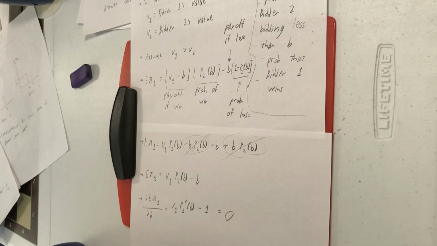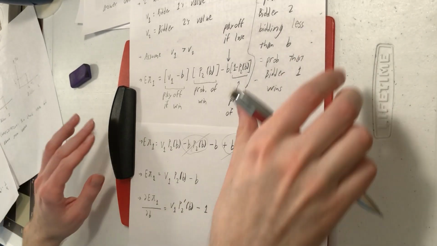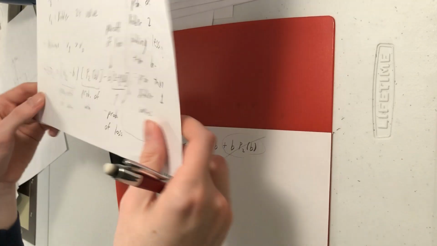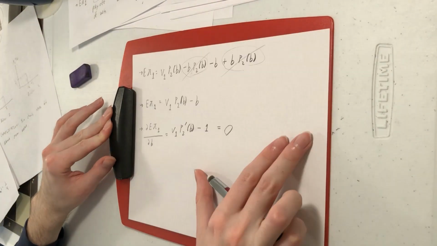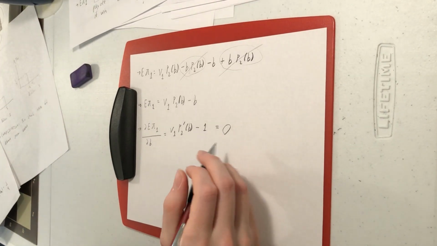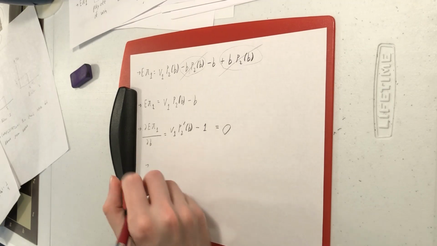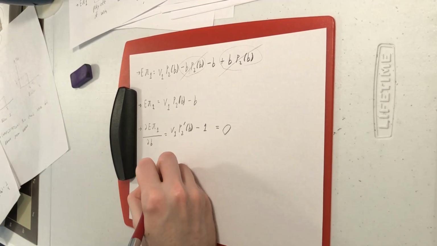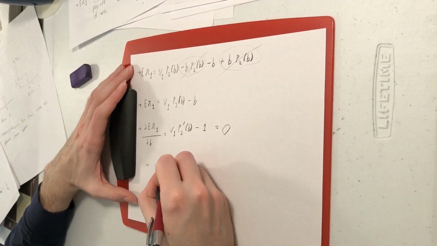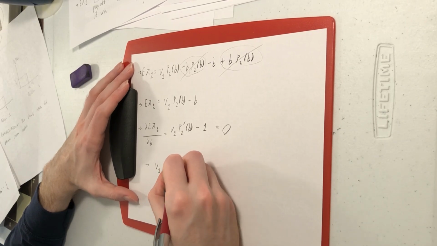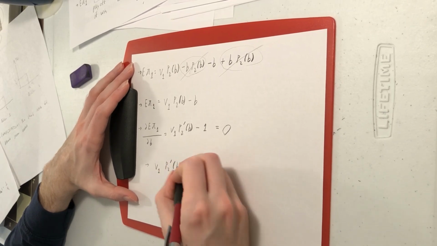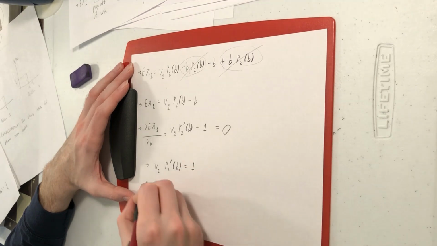Now we can do some rearranging to solve for P2 prime of B. So first I'll push that 1 to the other side, and I get that V1 times P2 prime of B equals 1.